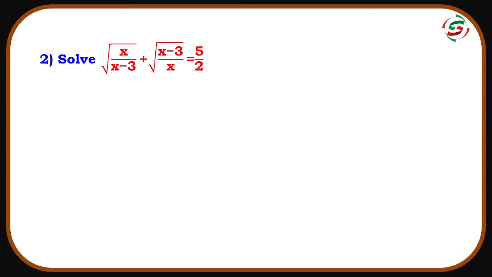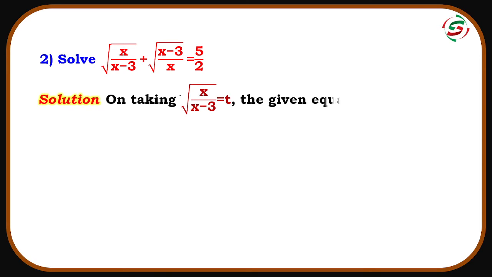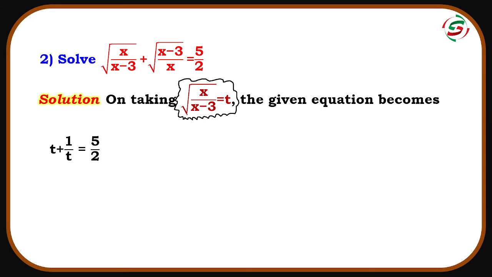Solve square root of x divided by x minus 3 plus root of x minus 3 divided by x equal to 5 by 2. Here, on taking root of x divided by x minus 3 as t, the equation becomes t plus 1 by t, because if we reverse it, it will be 1 by t.